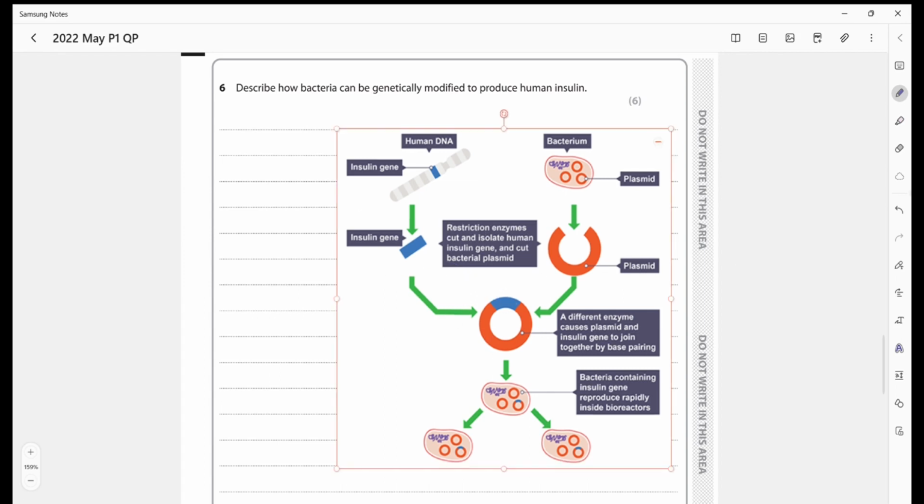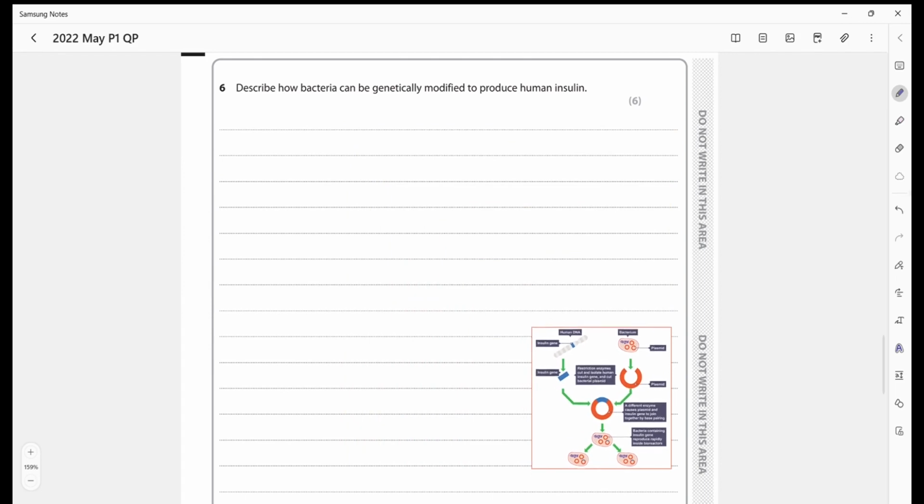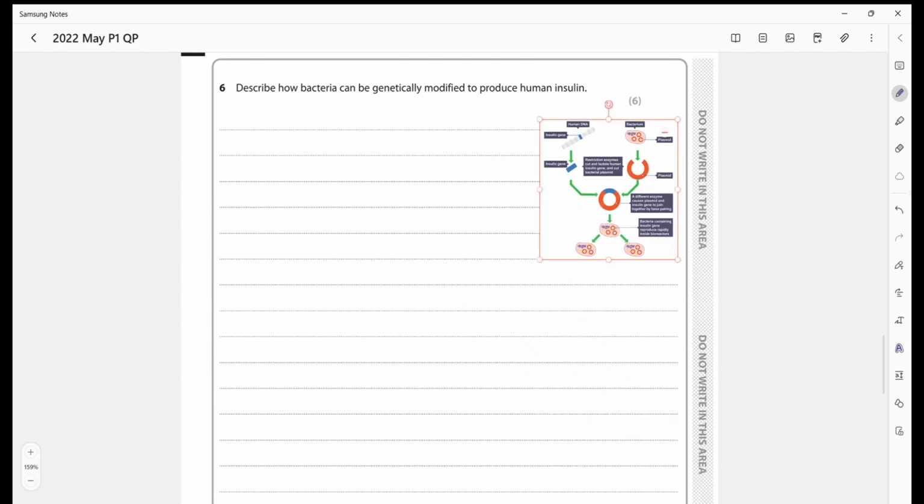Okay, so I am just going to make that one smaller. So here are the things that you need to say. Okay, first, the plasmid is removed from the bacteria.